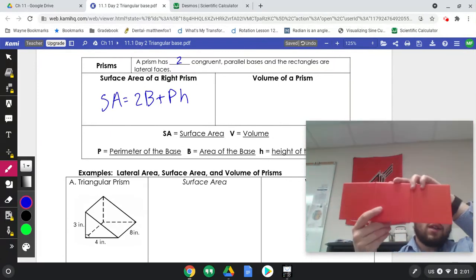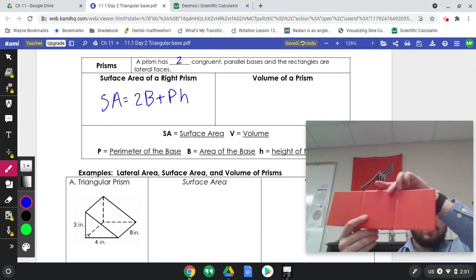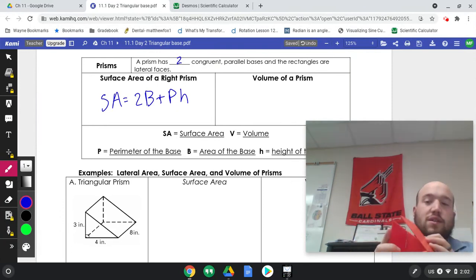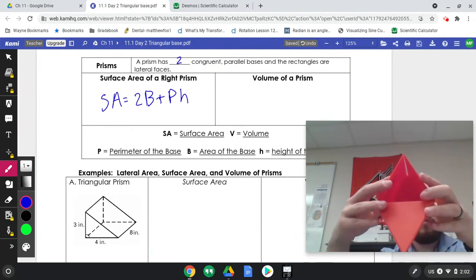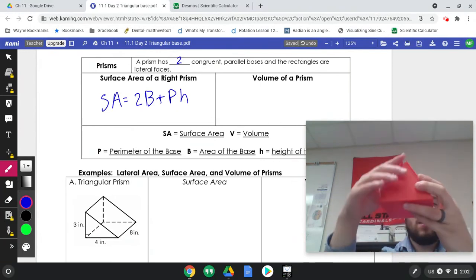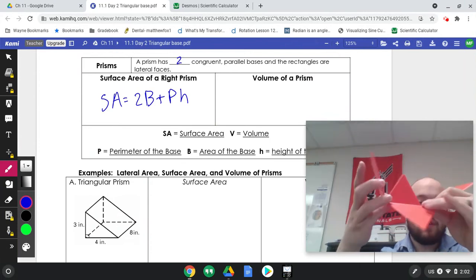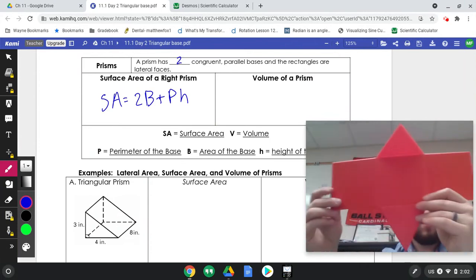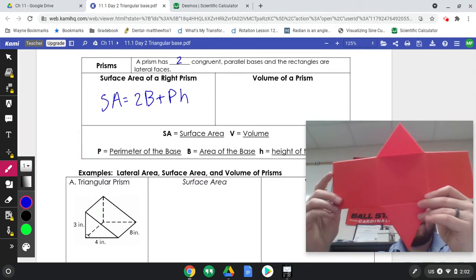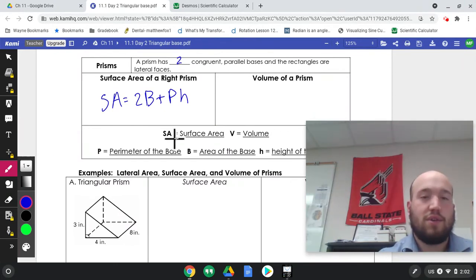If I fold those back, do you see we have a rectangle? Okay, now the perimeter of that rectangle is the perimeter of your base. Okay, so that will give us one length, and the other one right here is the height. Okay, so that's where we get the perimeter times the height to find that rectangle.